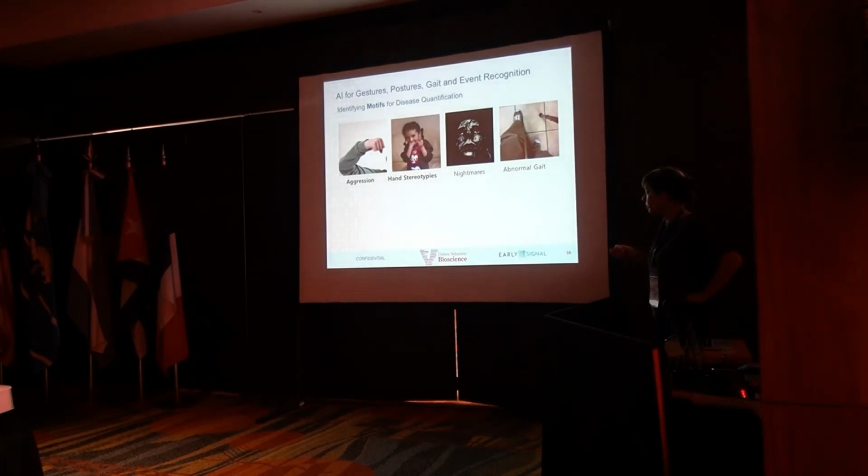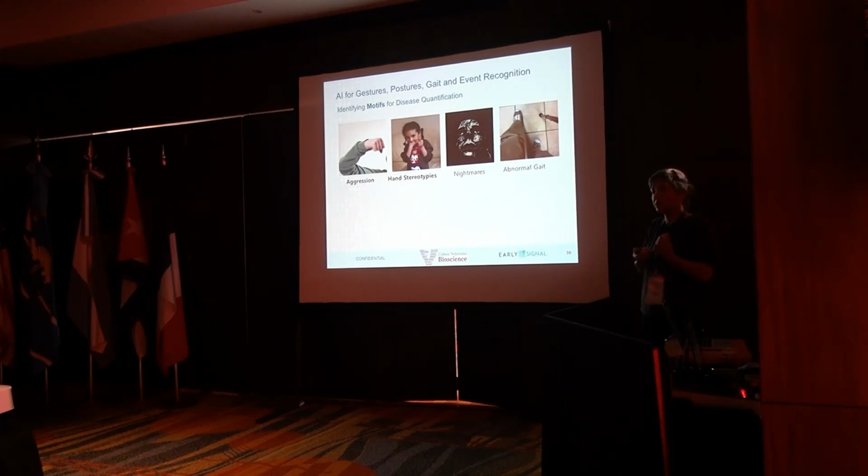So what we set out to do is pick up behaviors, for example, aggression, or in autism you have lots of hand stereotypies, which are very typical of autism. If you treat autism with something that works, you expect those stereotypies to get milder. So the clinical application of a sensor with the algorithms that quantifies the stereotypies is of obvious value.